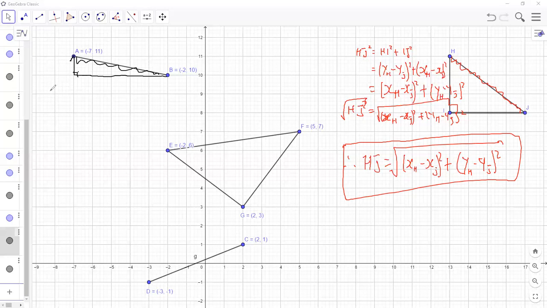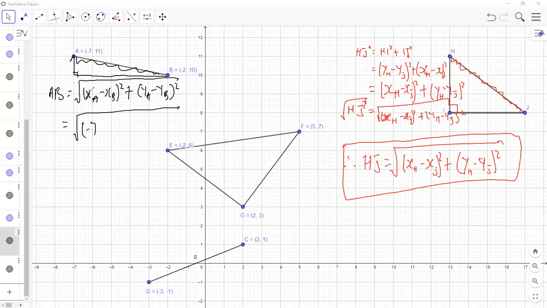AB will be the square root of x at A minus x at B all squared plus y at A minus y at B all squared. And then I just substitute.